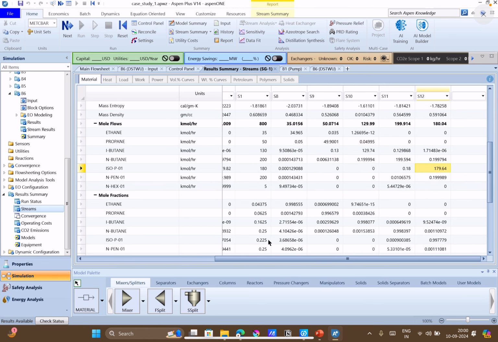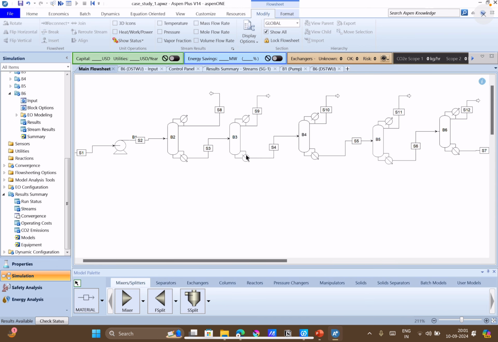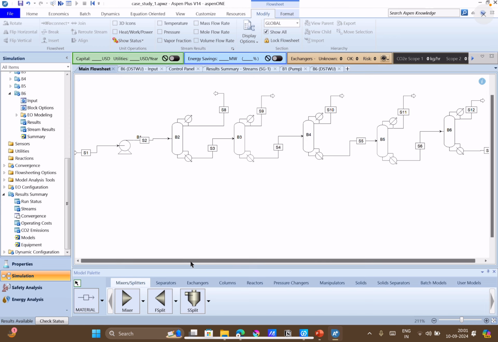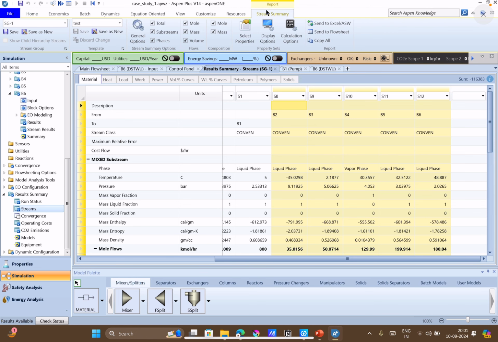Now let's say we want to see this data on the flow sheet itself. Generally along with the flow sheet there is a material balance table mentioned below it. If you want to put that data into the Aspen Plus window, you can select the part that you want to highlight, and in the stream summary option you can see this option, send to flow sheet.